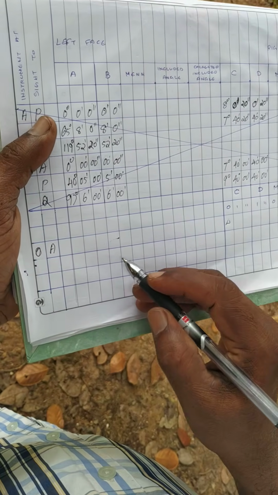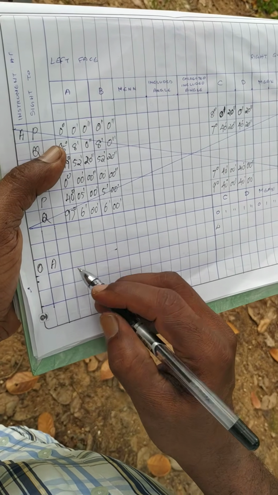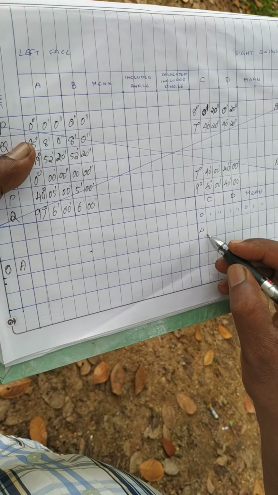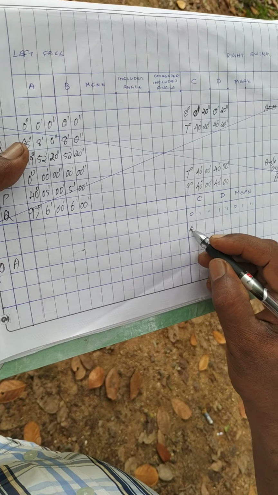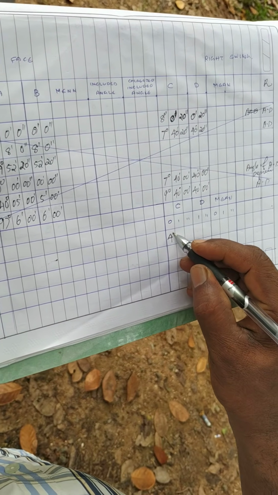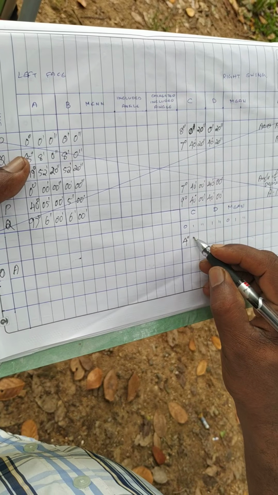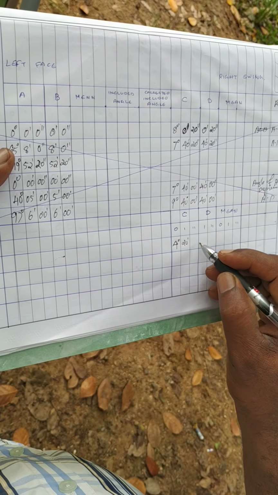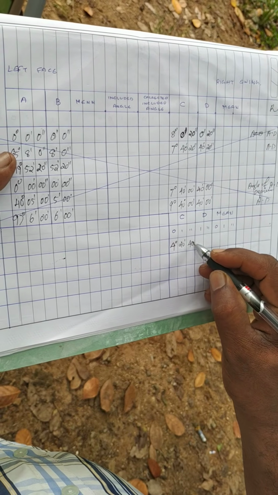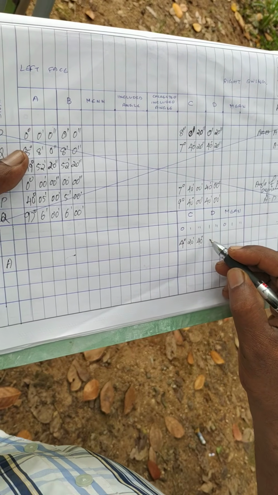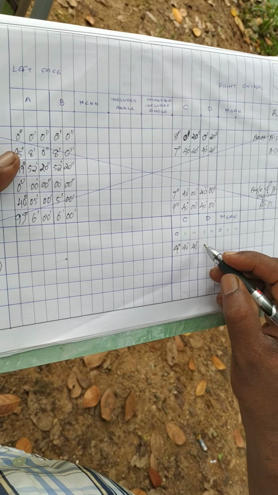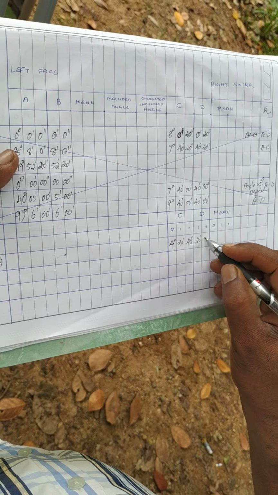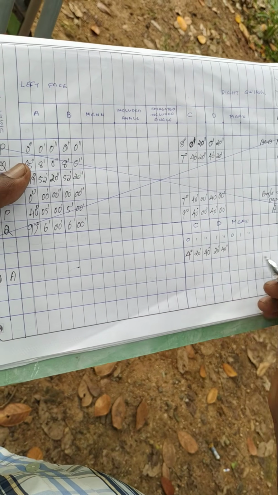Our first angle is alpha 1, that is 4 degree 20 minute 40 second, and in the D scale 20 minute 40 second.